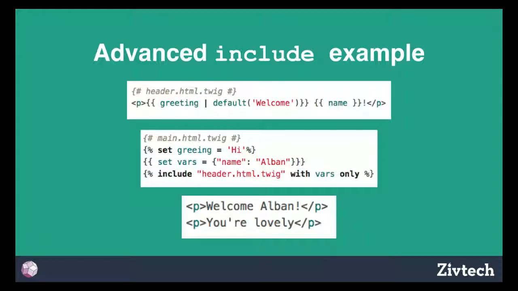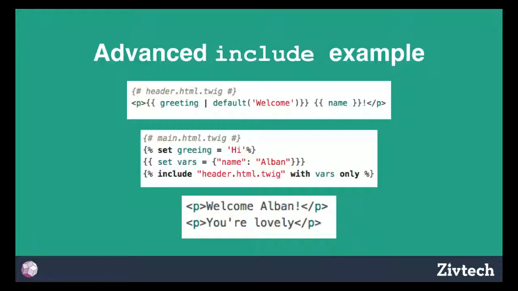But wait, there's more. You can do an advanced include. So here, we're making it a little more clever. Our header actually uses variables. So if we have a greeting set, it'll print the greeting. If we don't, we're piping it to default, which sets whatever we've handed in as the default. So if we don't say anything, it'll say welcome, and then we're going to print the name.